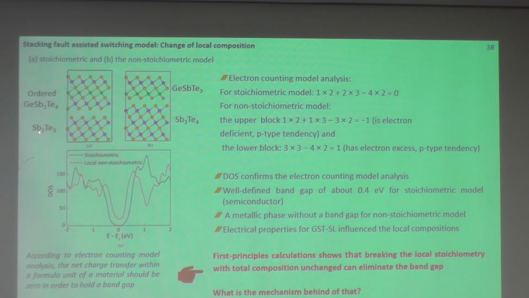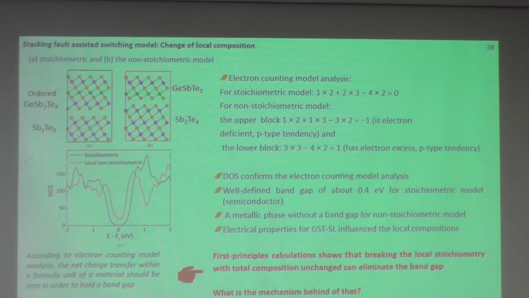So here, instead of Sb2Te3, we have Sb3Te4. Now if they make density of states calculations, we can see the difference between the stoichiometric structure and the non-stoichiometric one.